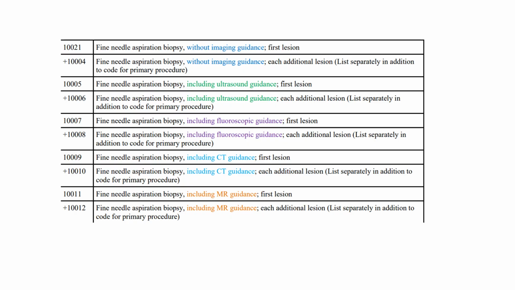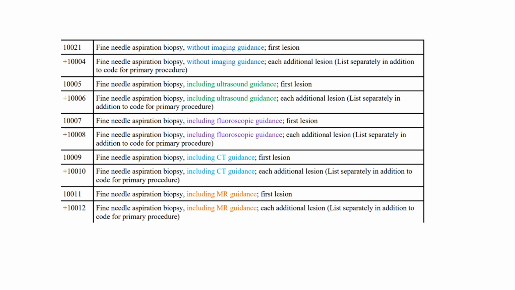These are the codes. 10021 is fine needle aspiration biopsy without imaging guidance, the first lesion. The plus sign indicates that it is an add-on code. You should not place the add-on code first. You need to give the primary code, and only after that can you give the add-on code: fine needle aspiration biopsy without imaging guidance, each additional lesion.